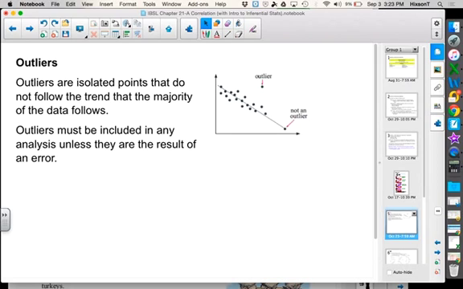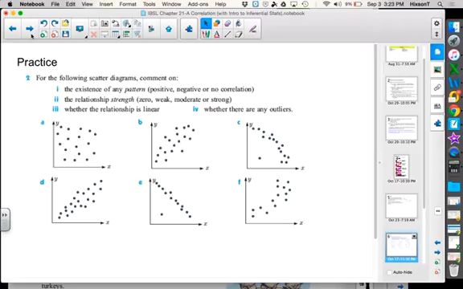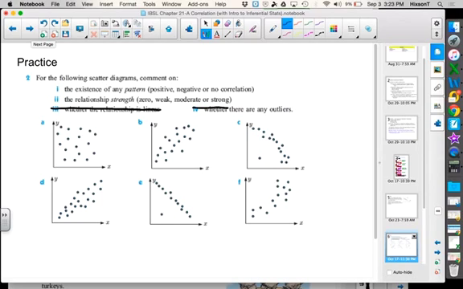So, real quick, I want you to take a look at these 6 graphs and try to categorize them. Really what I'm focusing on primarily are parts 1 and 2. How would you describe these? Is there a pattern: positive, negative, or no correlation?